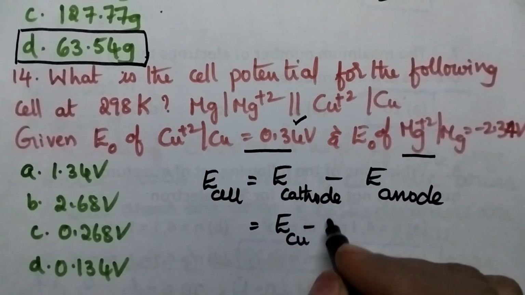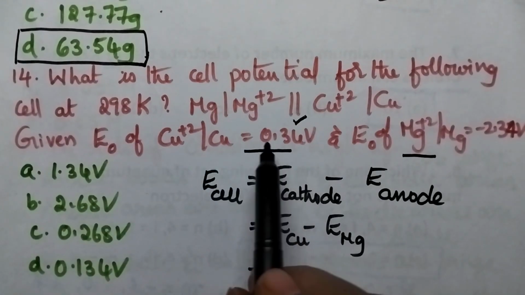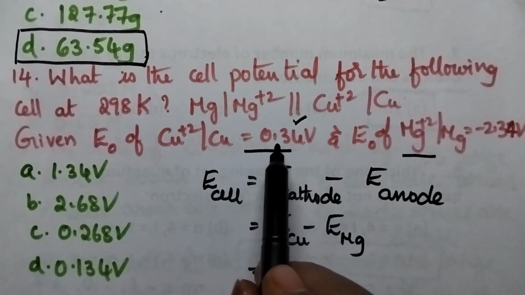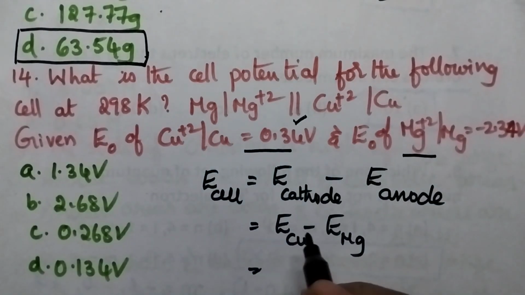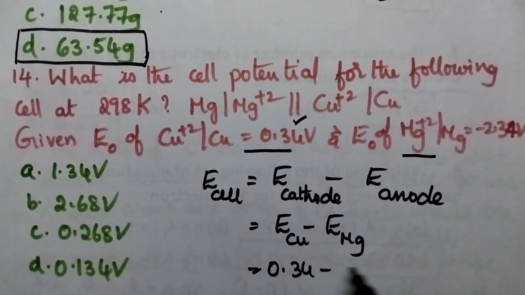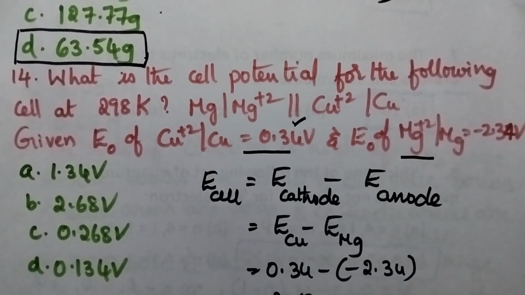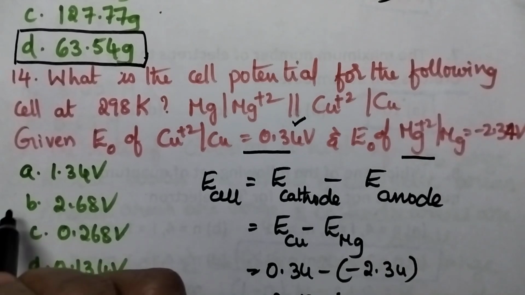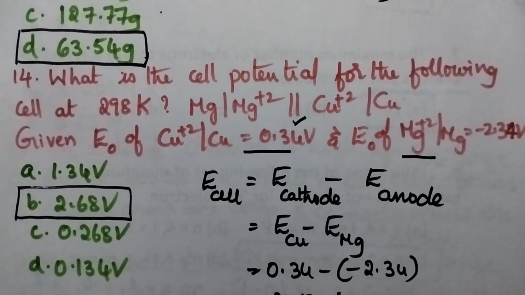So E copper minus E magnesium. Always remember that the electrode potential should be in reduced form, so we have to consider standard reduction potentials. Both of them are standard reduction potentials, so we can use them easily. So 0.34 minus of minus 2.34, that is equal to 2.68 volts. So option B, that is 2.68 volts, is the right answer.